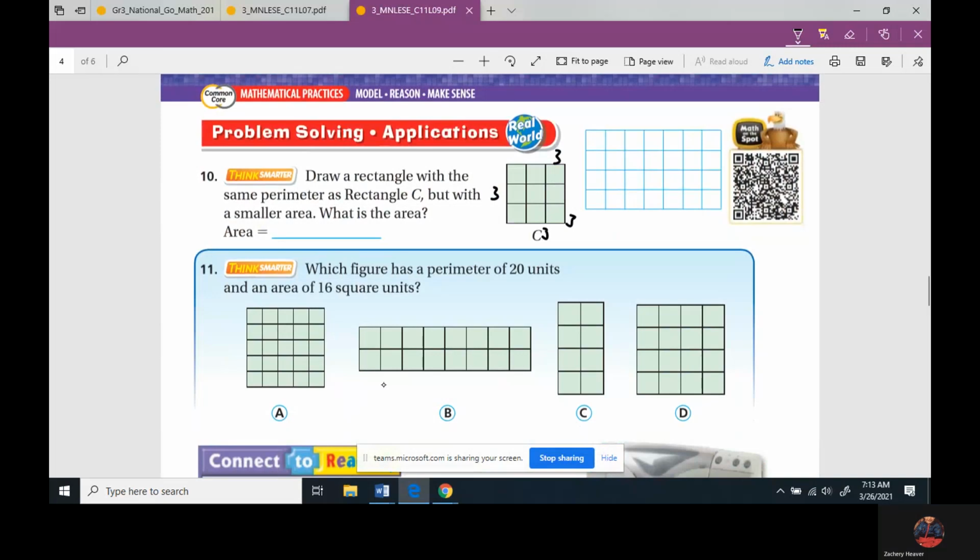Well, let's count them. 1, 2, 3, 4, 5, 6, 7, 8, 9, 10, 11, 12. So they did 3 times 3. I did 1 times 5. What is the area? This area is 9, and this area is 5. So 5 square units.